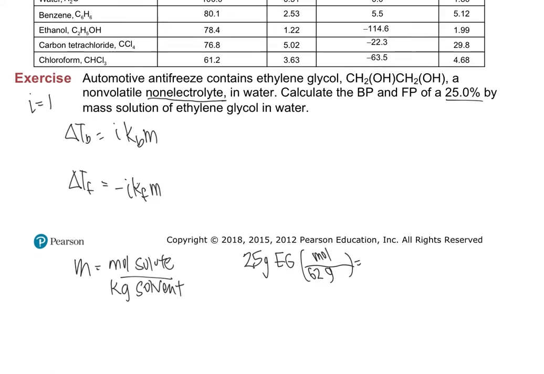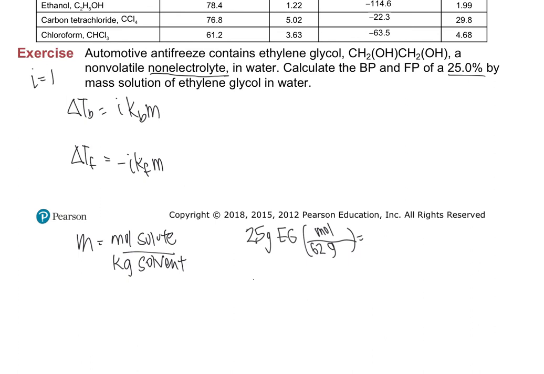So we're going to find those moles. I'm also going to say if I have 25 grams of ethylene glycol, then I have 75 grams of water. And I need to turn that into kilograms because that's my solvent. So I have 1,000 grams per kilogram. So that's 0.075 kilograms.